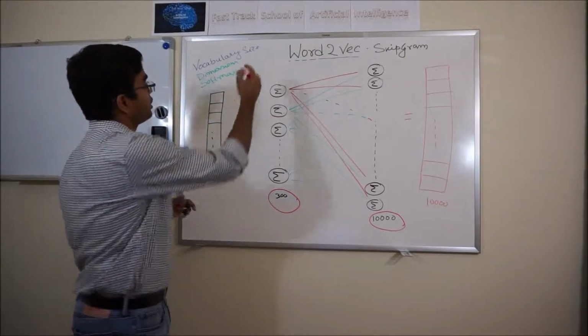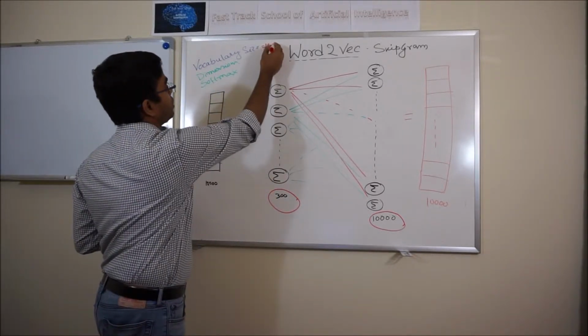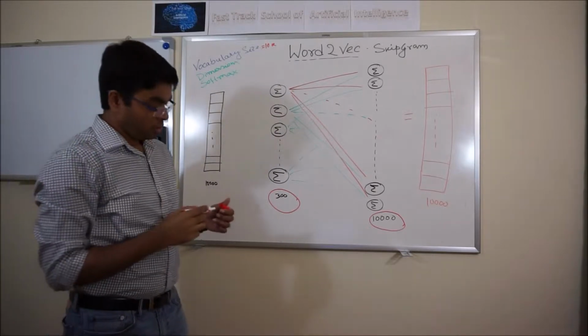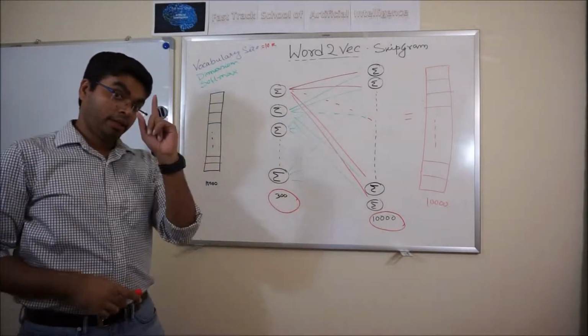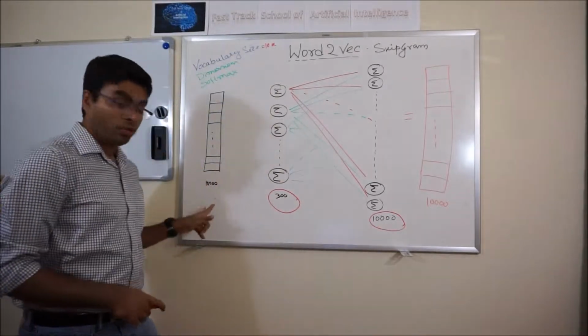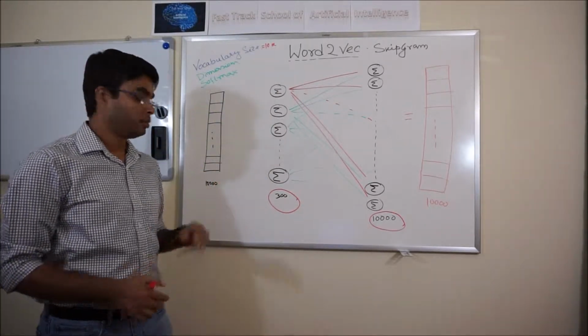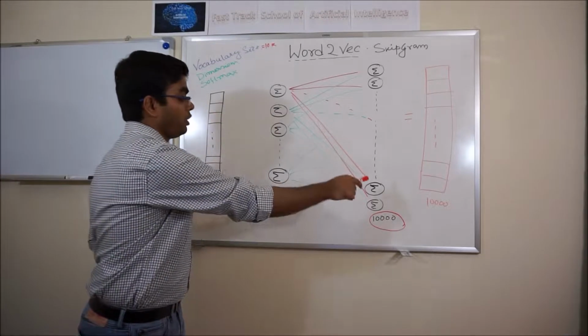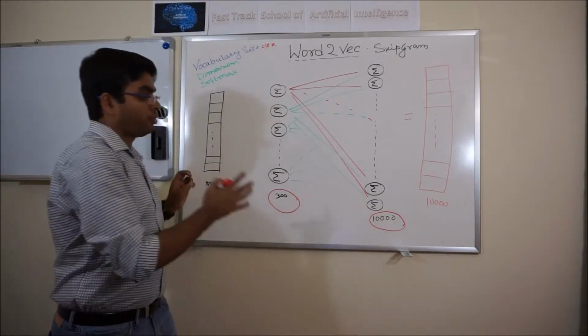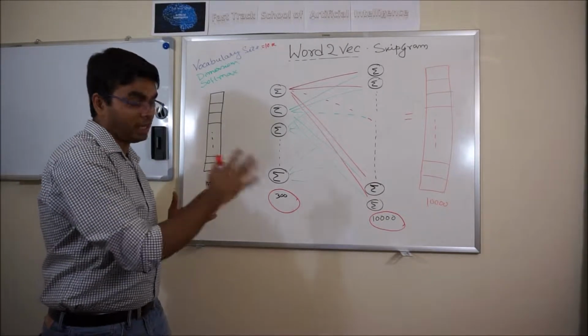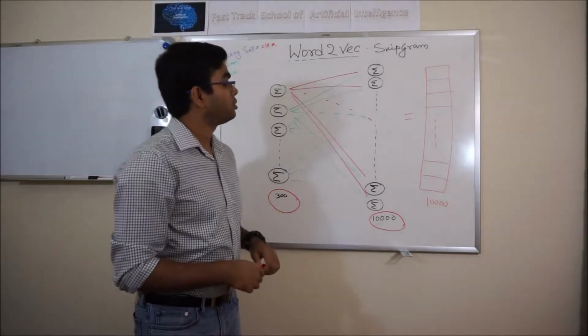In this particular case we have taken 10,000 vocabulary. So the size of the output layer is the size of our vocabulary, and that is true for our input layer also. Input layer and output layer will have that many neurons.